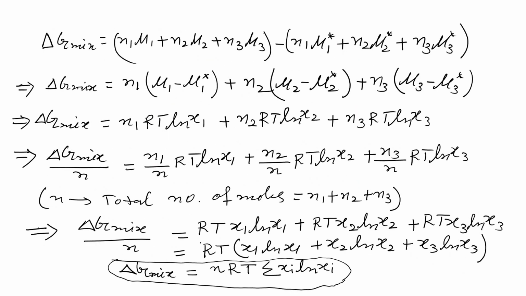Look here: the overall equation is xi ln xi. xi is less than 1 because the total mole fraction is 1; for any component, the mole fraction is less than 1. So ln xi will be negative, which means delta G mixing decreases. During mixing, the free energy decreases, and this is the expression. So, hope you have understood. Thank you.